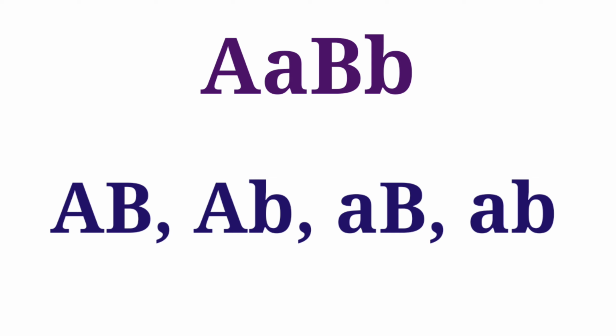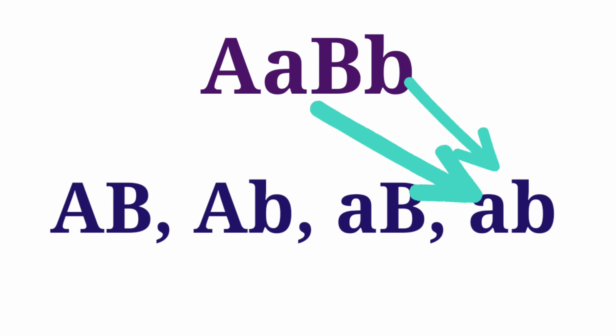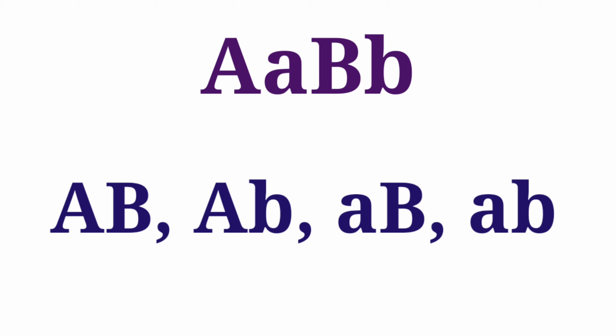And then next is the capital letter A and the small letter b is also coming from the genotypes of the parent, like that. And the next is this one here, the small letter a and the capital letter B from the genotypes of the parents. And the last one is this one here, the small letter a and the small letter b. Okay, so now these four are the gametes of the parent.